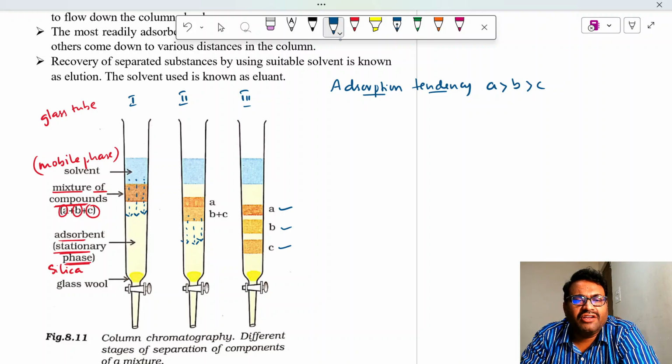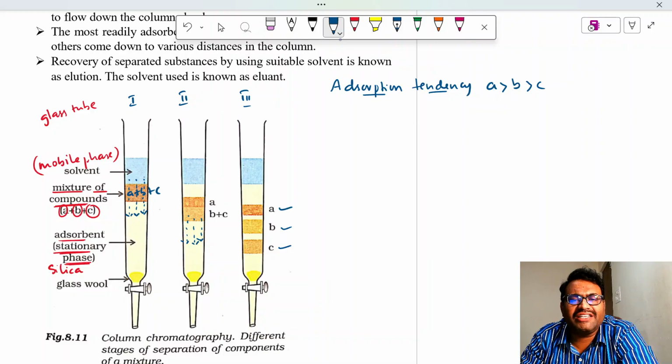Why is it moving only a very small distance? Because it has more adsorption tendency. It readily adsorbs to the stationary phase.